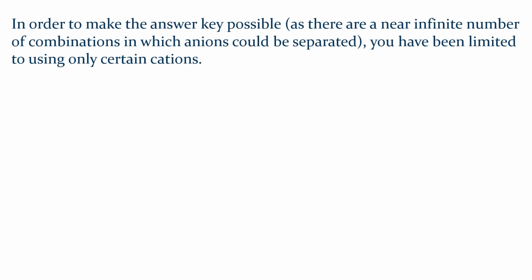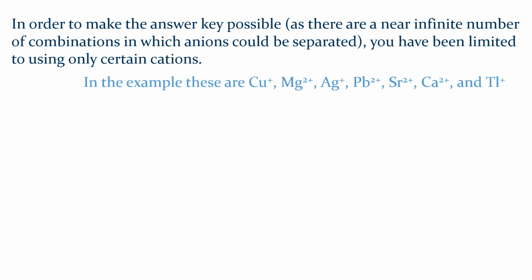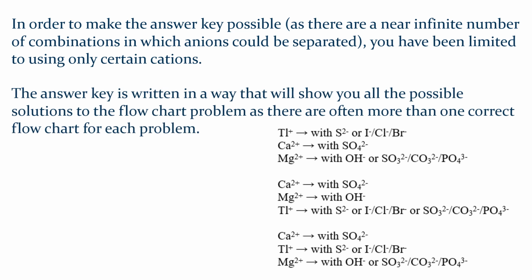In order to make the answer key possible, as there are a near infinite number of combinations in which these anions could be separated, you have been limited to using only certain cations. In the examples, these are copper 1, magnesium, silver, lead 2, strontium, calcium, and thallium ions. The answer key is written in a way that will show you all the possible solutions to the flowchart problem, as there are often more than one correct flowchart for each problem.